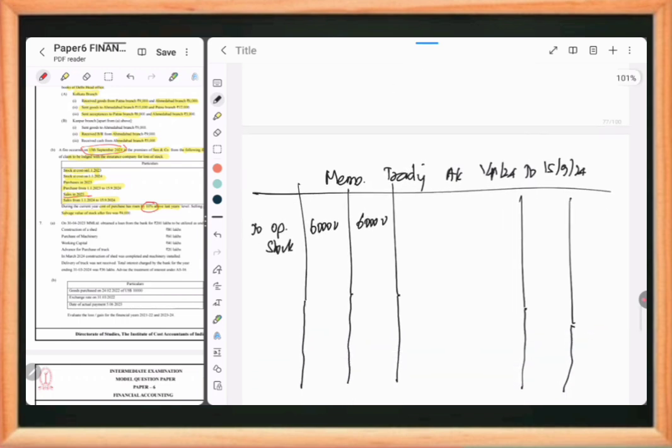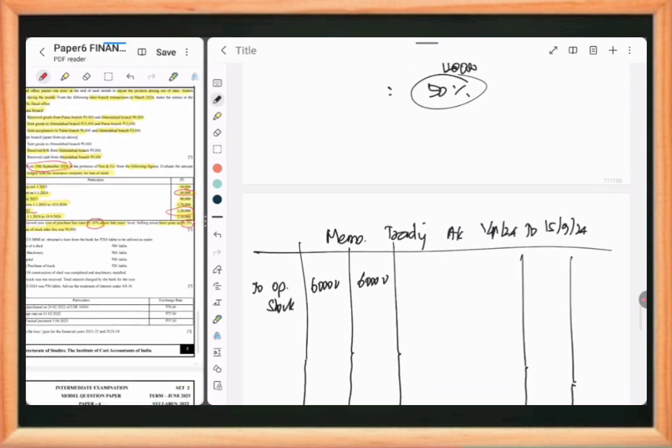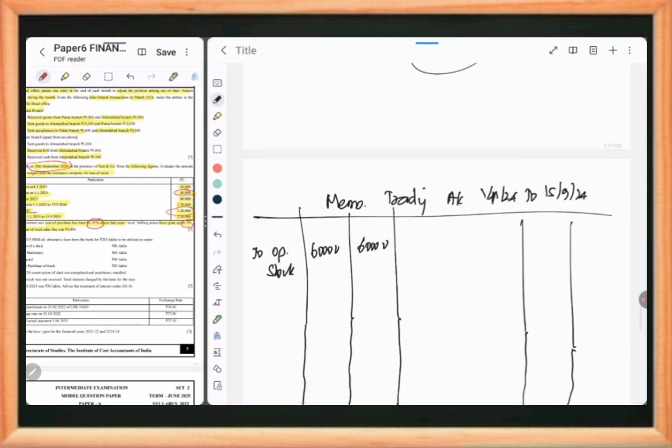And then purchases, how much? Actually, how much purchases is given in the question? That is 1,76,000 for the current year. One thing is given, the purchase cost of raw material is a 10% increase.